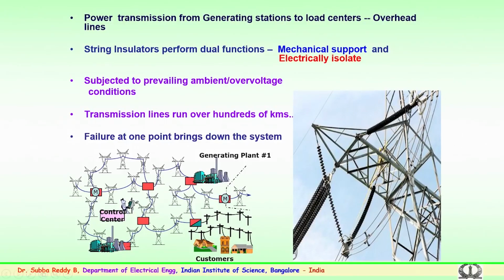These overvoltages could be because of natural lightning which occurs during raining or monsoon conditions, where the overvoltages should not cause damage to the power equipment at the substations or at the nearby distribution stations. So these have to be protected.